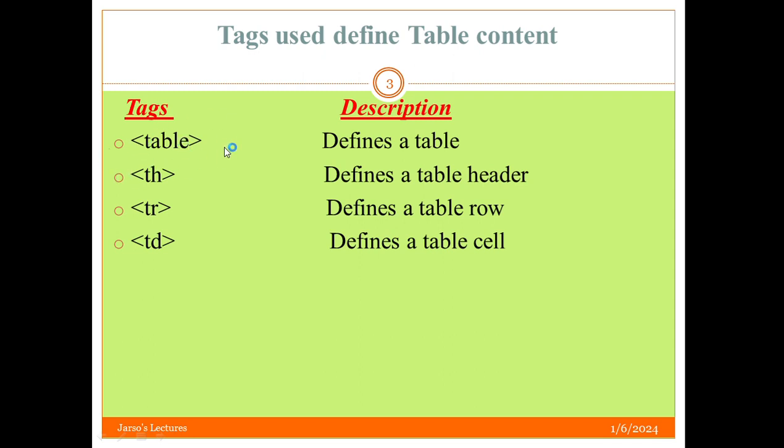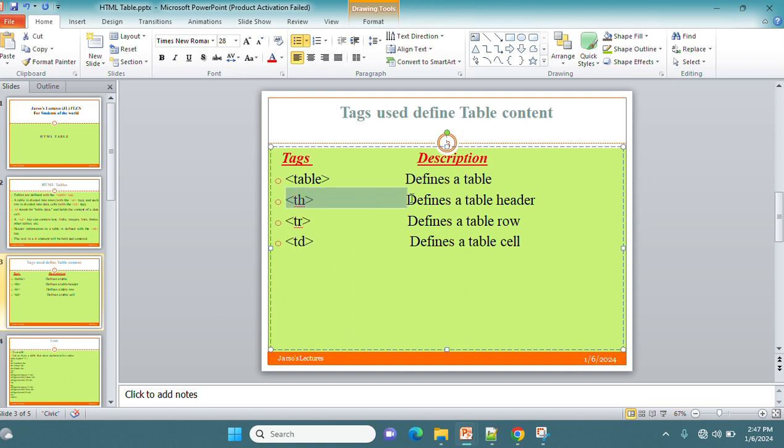The table tag is used to define the table, as I have already told you. The th tag is used to define the table header. Tr is used to define the table row. Td is used to define the table cells, the content or data which we want to insert. And when we put them in order, this comes most of the time after the table row in the HTML files.